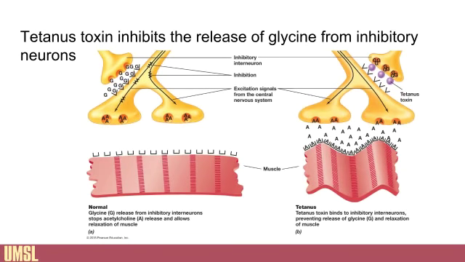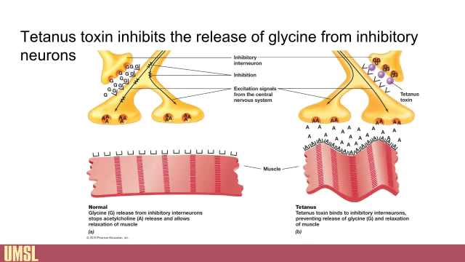Glycine is bound by receptors on these muscle-activating neurons, and this stops secretion of acetylcholine by these activating neurons. If we want to flex our muscles, these inhibitory neurons stop secreting as much glycine, and then these activating neurons are able to start secreting acetylcholine, and the muscle tissue responding to acetylcholine is going to contract.